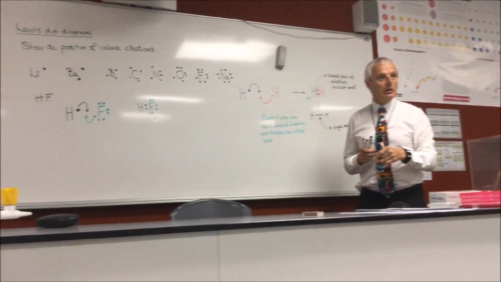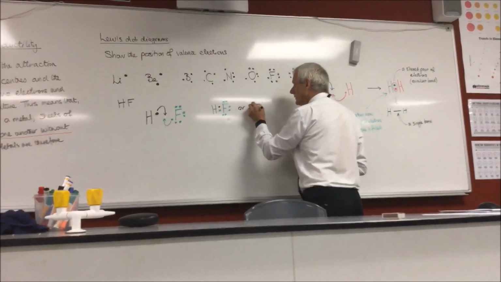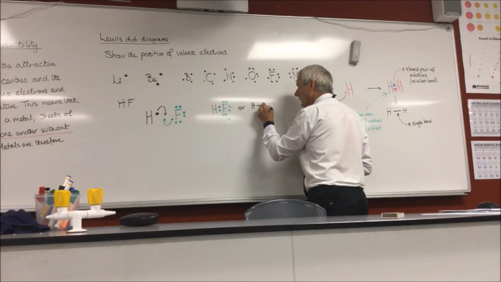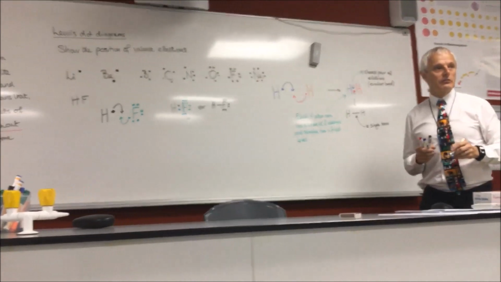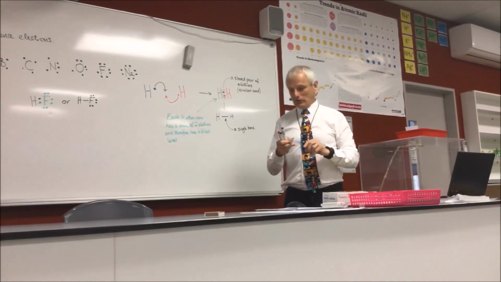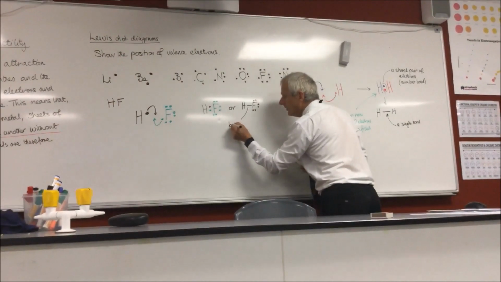So all is happy. Or alternatively, you can write it like this. You must always write in non-bonded electrons. Okay? So that's the next thing to say. These are bonding electrons.